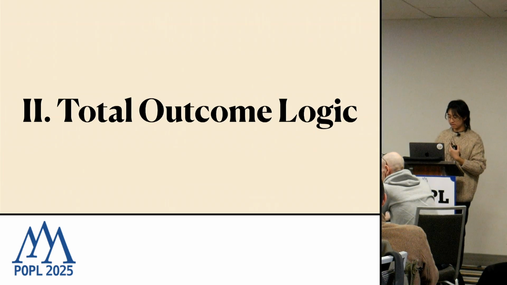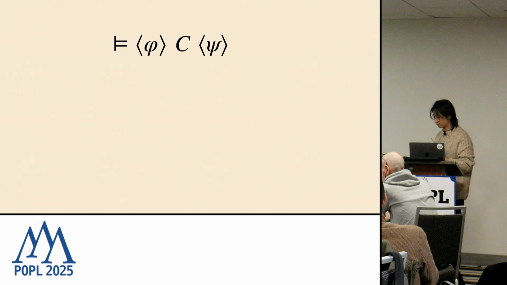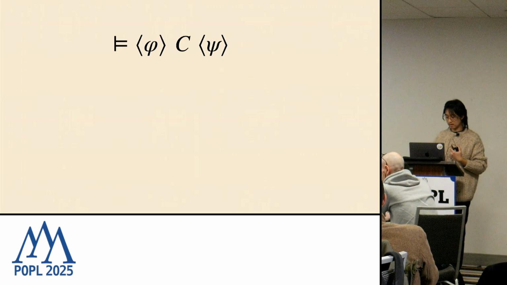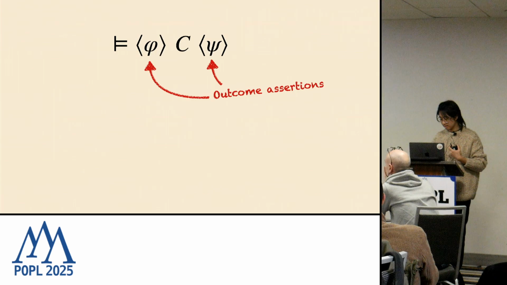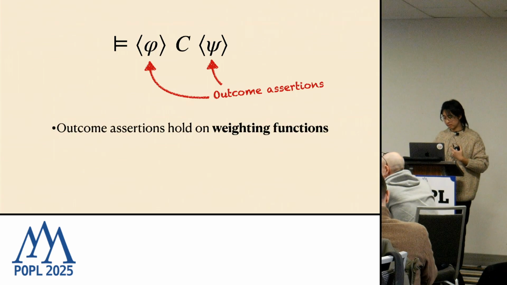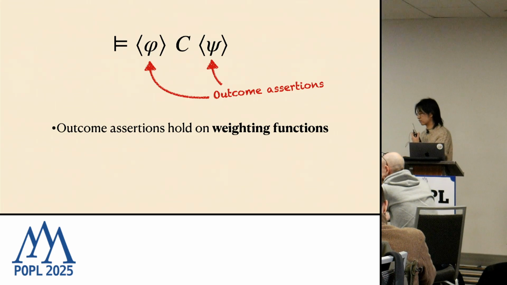So to actually take a look at the framework, our formulas are, again, these triples, sandwiched by these outcome assertions. But what is particular about outcome logic is that these assertions no longer correspond to simple sets of states, as they would for usual program properties.